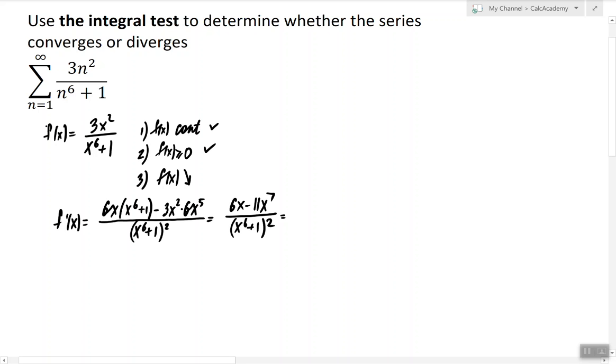And if we construct the sign chart for this function, let's say we factor out negative 11x, so we have x to the 6 minus 6 over 11.